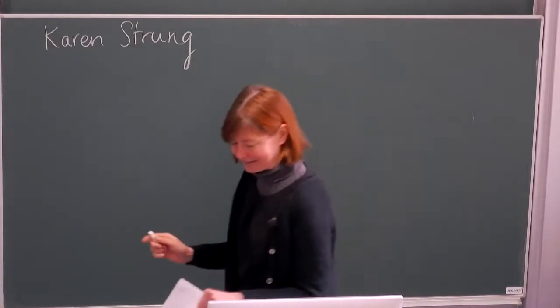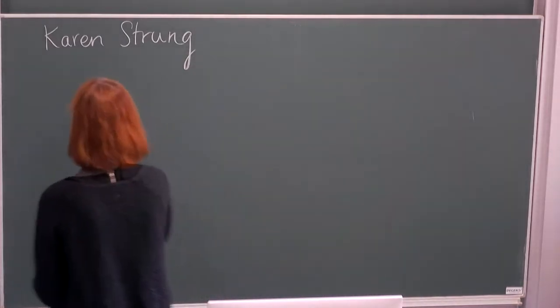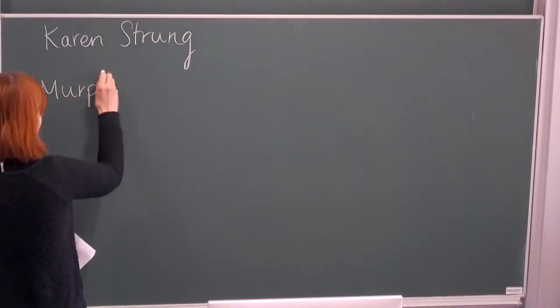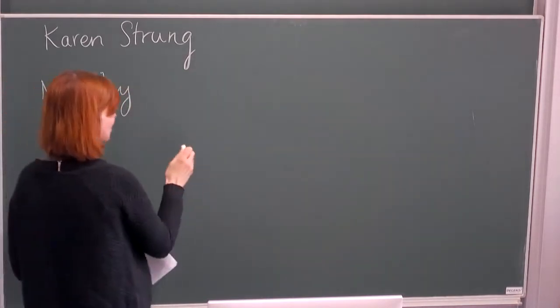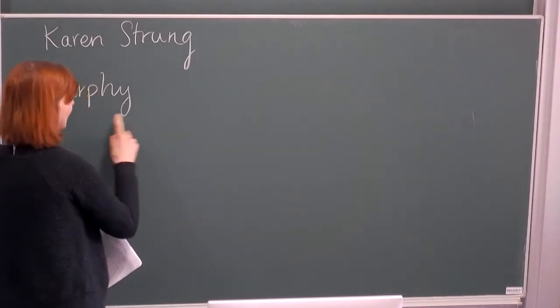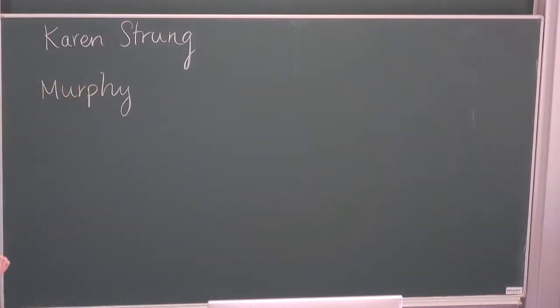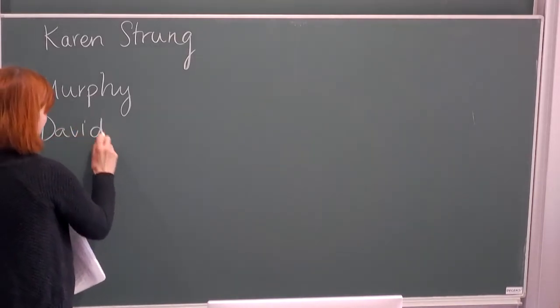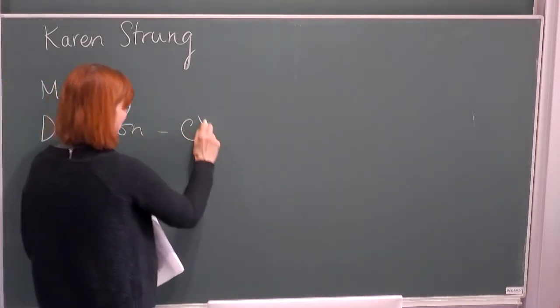Okay, but you can also look at a book by Murphy, C-star algebras and operator theory, I think it's called. This has more or less the same stuff at the beginning as Davidson's C-star algebras by example.